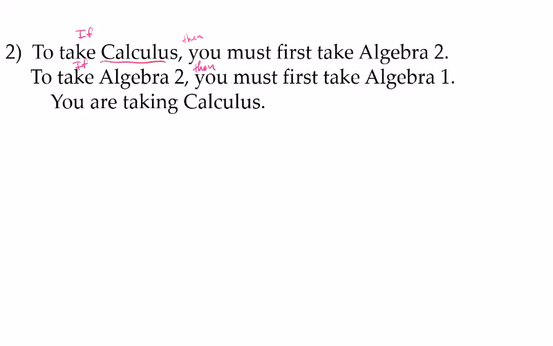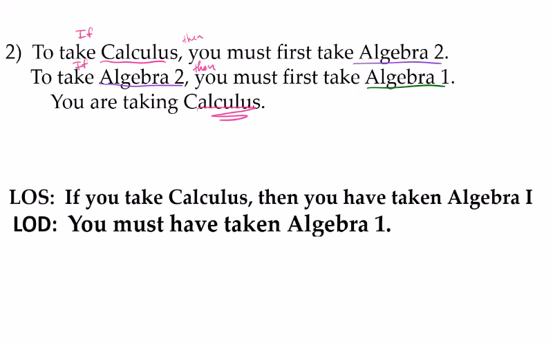So if you're in calculus, then you must have had to take algebra 2. If you took algebra 2, that matches up with the previous conclusion, then you must have had to take algebra 1, right? So here we can say, okay, we're taking calculus, so it follows that you must have taken algebra 1.